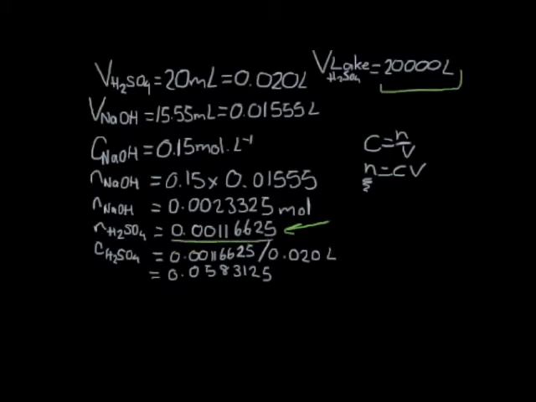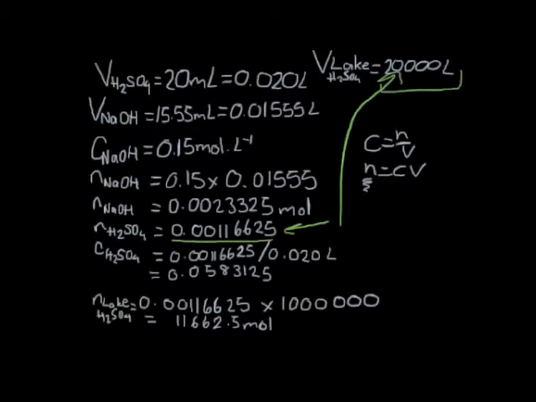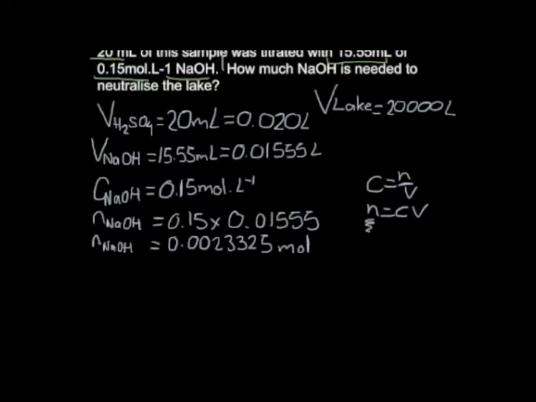I now need to know the number of moles in 20,000 litres. And again, we're not done. So that's the number of moles in the lake. We now need to calculate how much sodium hydroxide we need to neutralise that. So we'll need to have another look at our formula to remind ourselves about the number of moles. So I'm just going to add that now to the list of things I know.